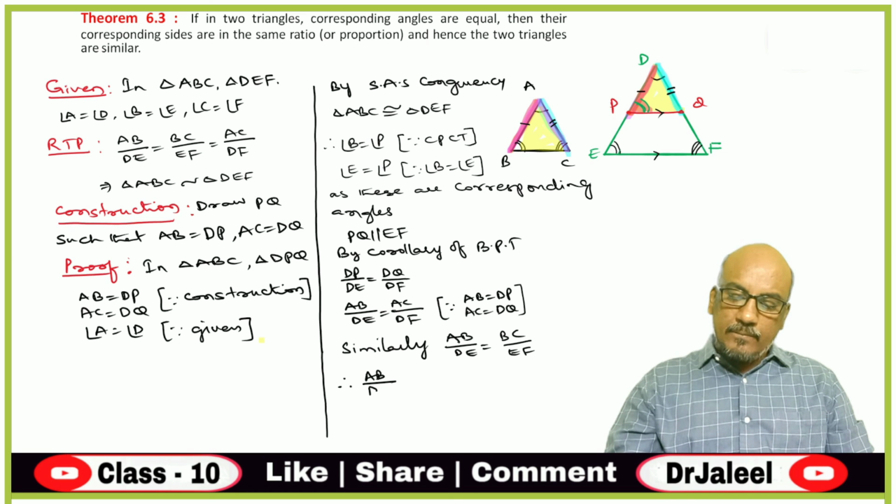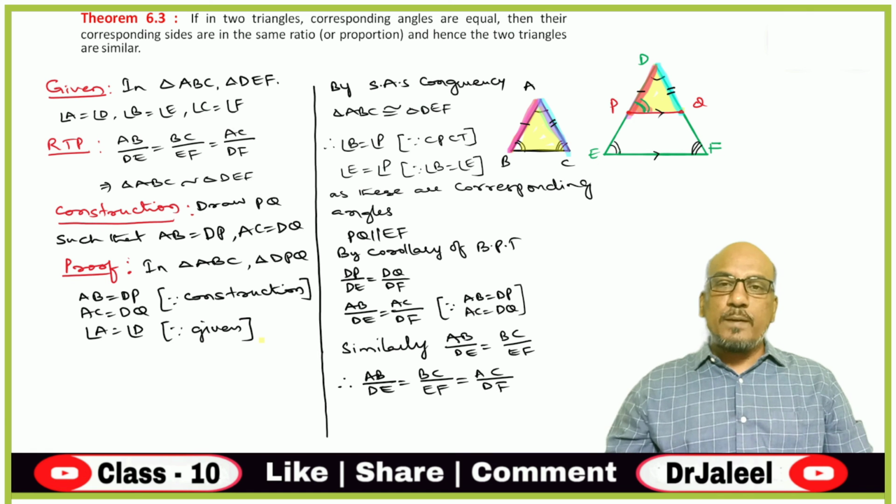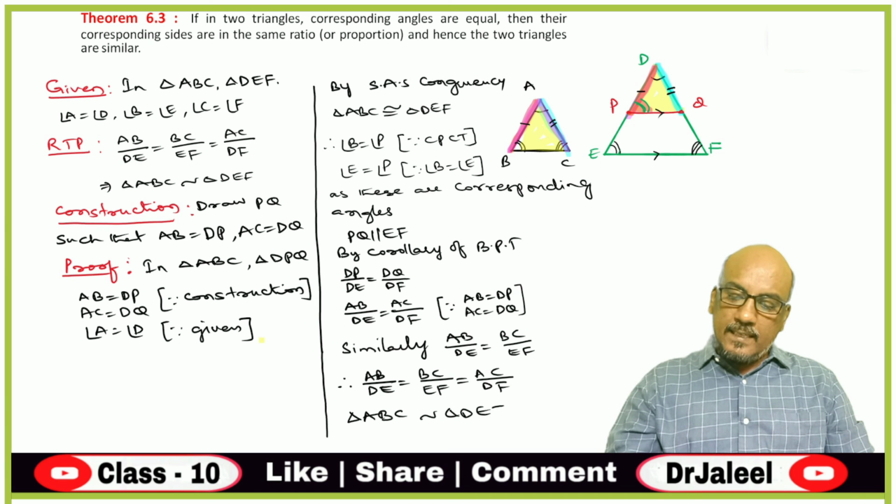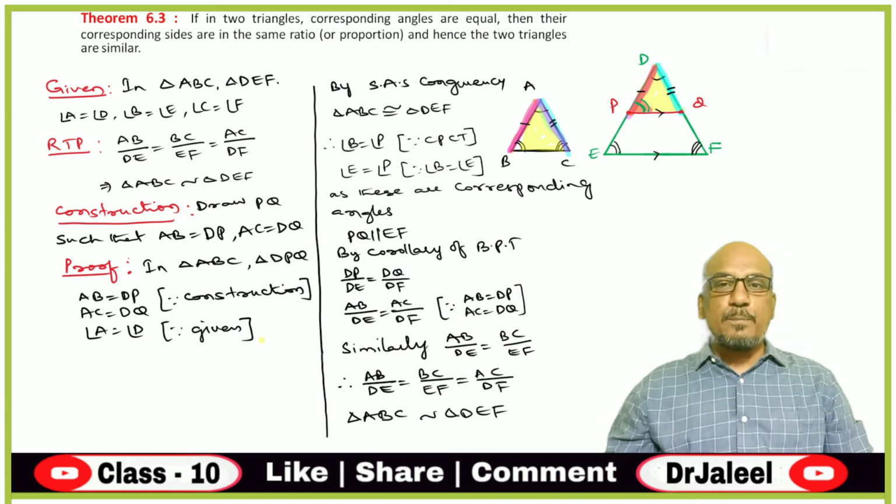AB by DE is equal to BC by EF is equal to AC by DF. So by this we have proved that all the three sides of one triangle are proportional to the corresponding sides of another triangle. Therefore we can say triangle ABC is similar to triangle DEF, because we know that when the sides are proportional, they both are similar.